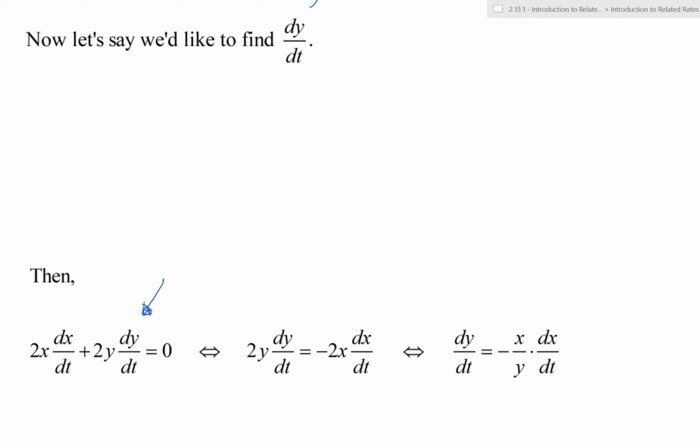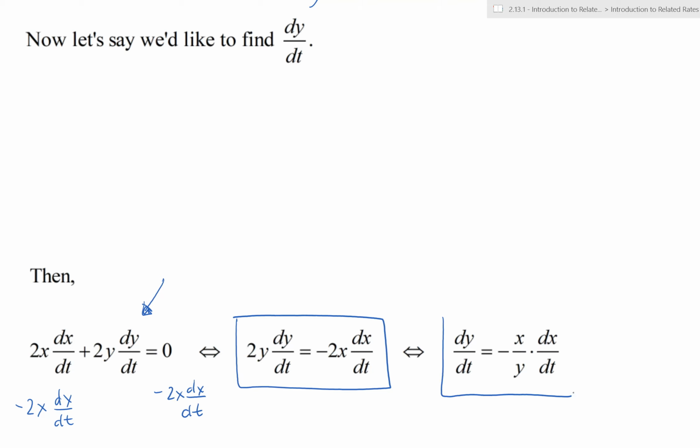I subtract 2x dx dt on both sides, which helps me isolate dy dt: 2y dy dt is equal to negative 2x times dx dt. If I then divide both sides by 2y, dy dt is negative x divided by y times dx dt.